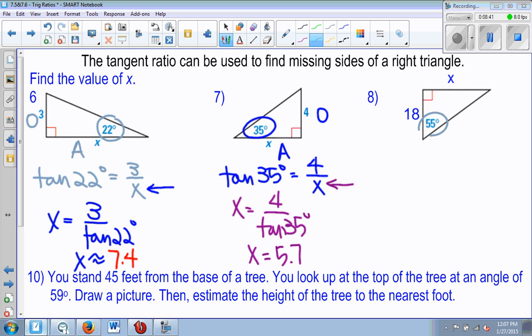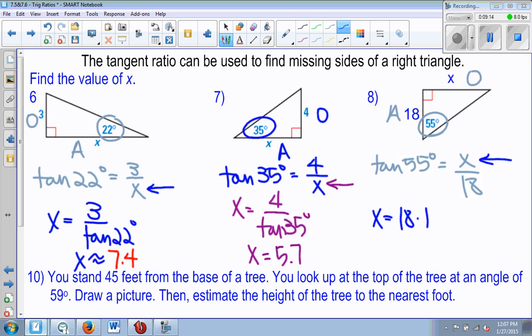So when I circle my 55 degrees, the side with the x should be the opposite, and the side with the 18 should be the adjacent. Again, tangent ratio. So we're going to do tan of 55 degrees equals opposite over adjacent, so x over 18. Now notice the setup of this problem is a little different than the last two. In the last two, the x was in the denominator, and we divided to solve. This time, the x is in the numerator, which means that we're not going to divide to solve.